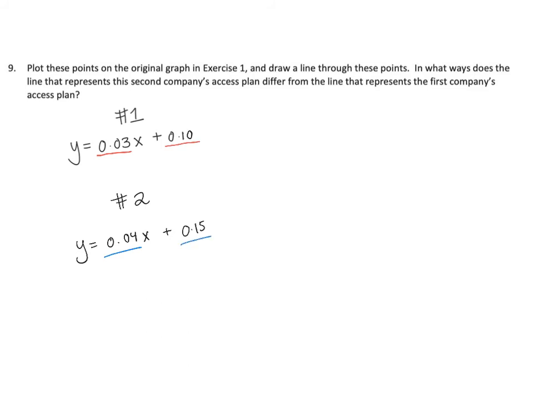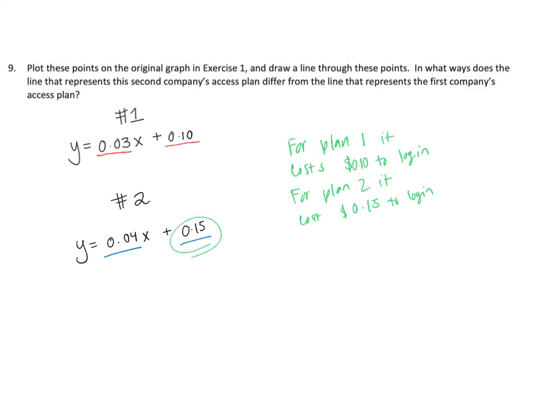So here's the difference between these. For plan 1, it costs 10 cents to log in. For plan 2, it costs 15 cents to log in. All right, so that's the difference here.